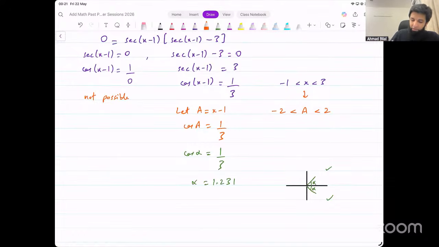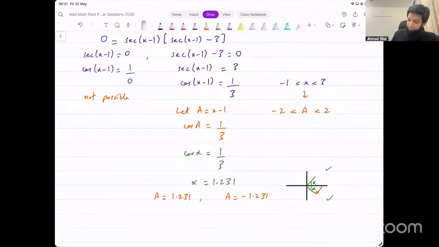One of them is going to be a equal to 1.231 and the other is going to be a equal to negative 1.231 in the fourth quadrant, because if we go from the positive side, this will be outside the interval, so we can't do that. But we also have negative values in the interval, so we have to go in this direction.